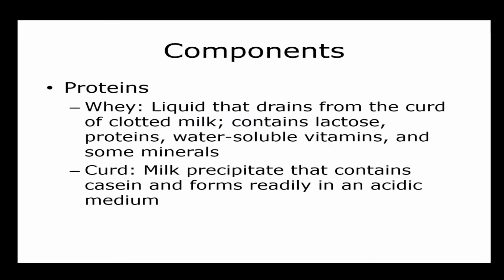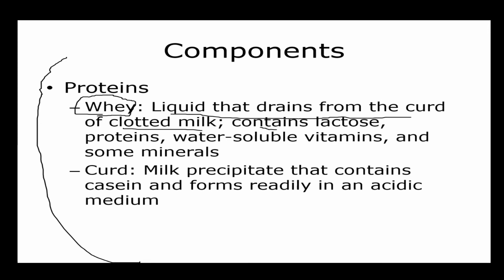Moving on, talking about the protein content in detail now. As I said, the isoelectric point is how the two proteins can be separated. Whey protein is present in a smaller quantity than casein. It is the liquid that drains from the curd of clotted milk, containing lactose, proteins, water-soluble vitamins, and some minerals.